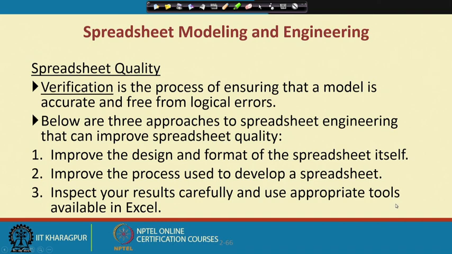Excel will help you a lot to solve this kind of situation. These are all details about spreadsheet modeling and engineering.